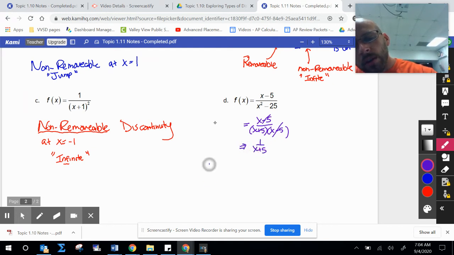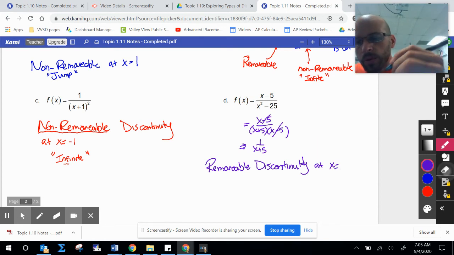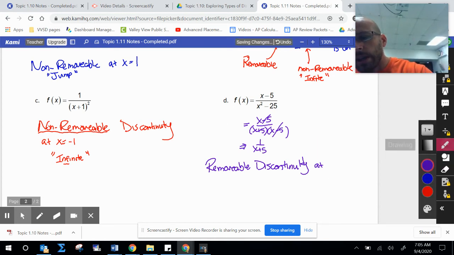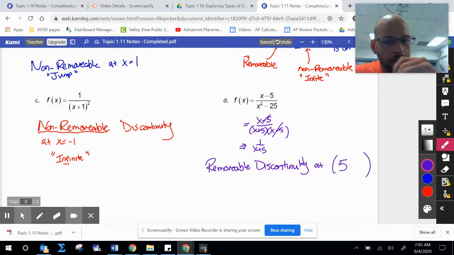So I have a removable discontinuity at x equals, well, if it's removable, I actually want to say the whole, right? So let's say it's going to be at 5, right? And if I plug 5 into my extended function, or the piece after I reduced it, I'm going to get a 1 over 10. So that's the location of the removable discontinuity.